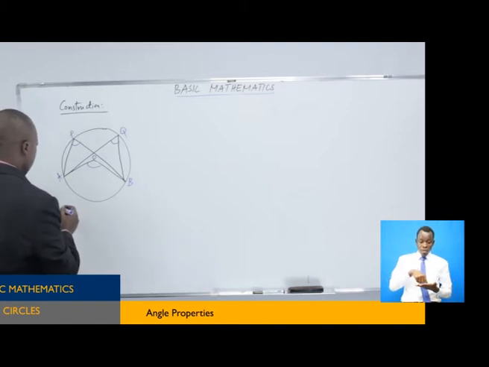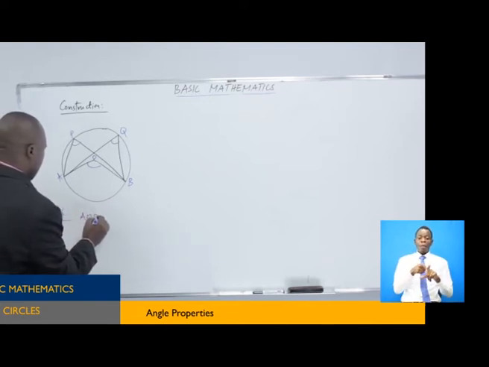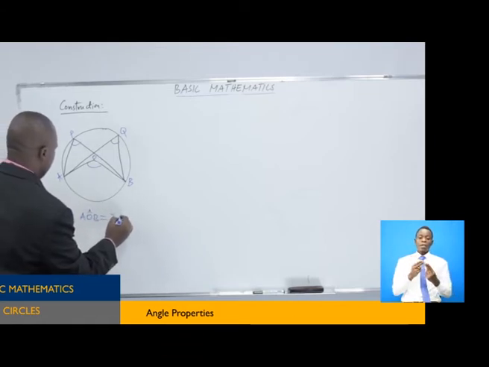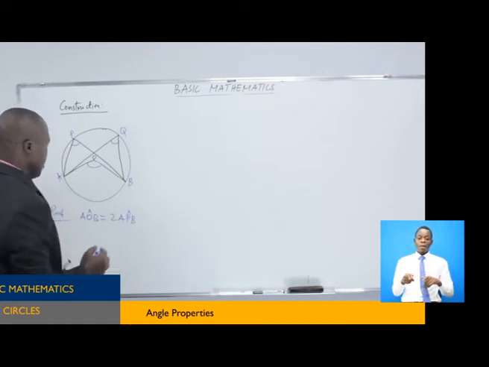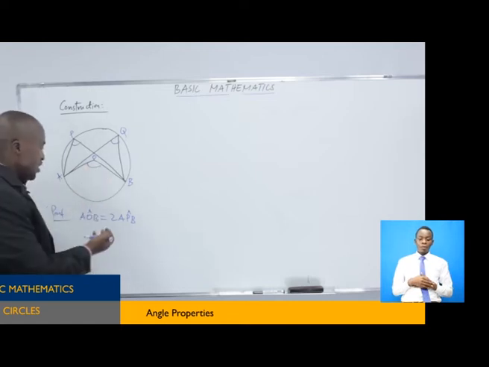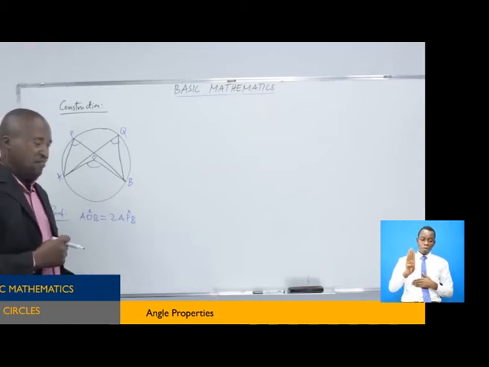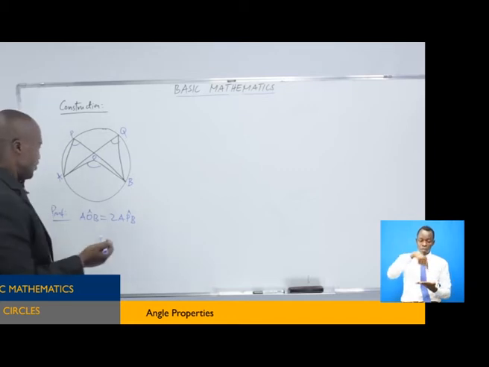So in this case, we say, it is proof. We say AOB is double APB. Remember, AOB is the angle to the center, while APB is the angle at the circumference. So angle to the center is double angle to the circumference.